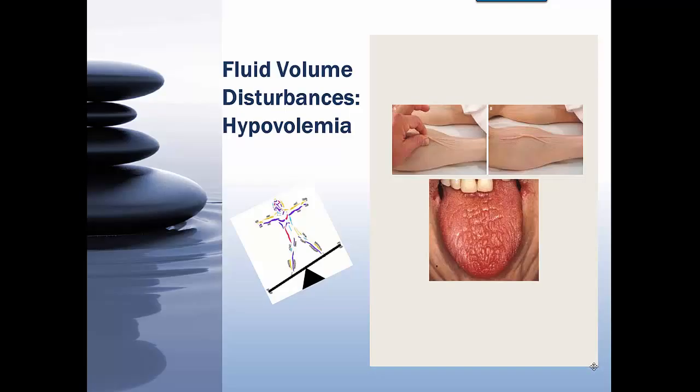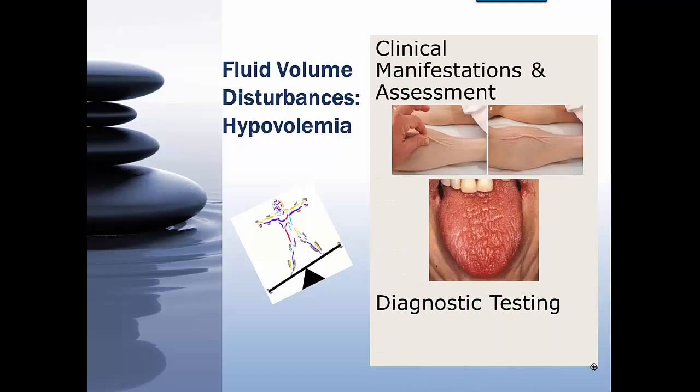Diagnostic tests for this particular category would be BUN and creatinine. The volume depleted patient will have a BUN creatinine ratio that is abnormal, or greater than 20:1. BUN may be elevated.